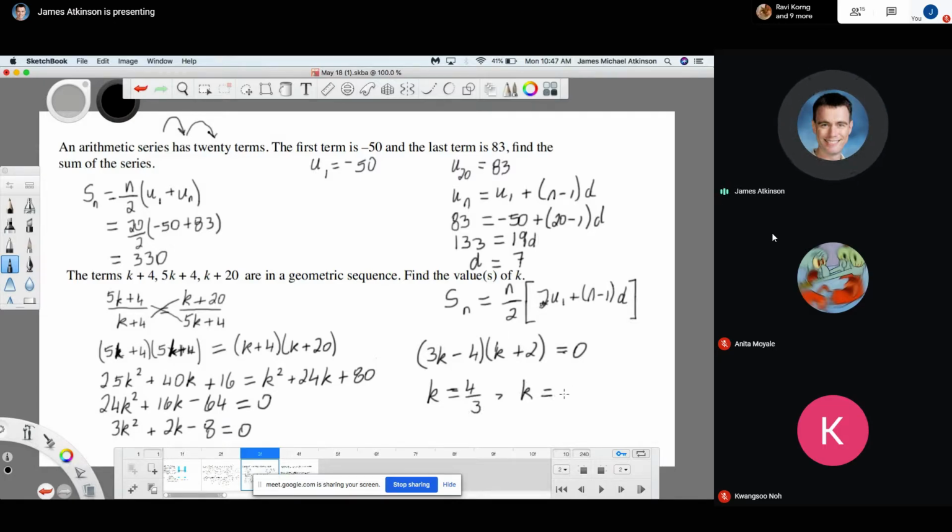And we can demonstrate this by actually making the substitution. If k were equal to 4/3, or 1 1/3, k plus 4 would equal 5 1/3, or if you prefer, 16/3.